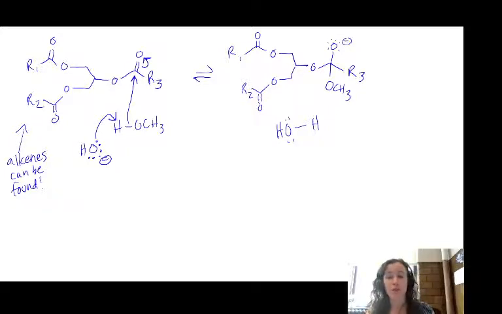Well, in this reaction, we're not making water. That catalyst is regenerated. So what can we do? Well, something that we can do, folks, is make a better leaving group. Let's make this part of the triglyceride a better leaving group by adding a proton and regenerating catalyst at the same time.